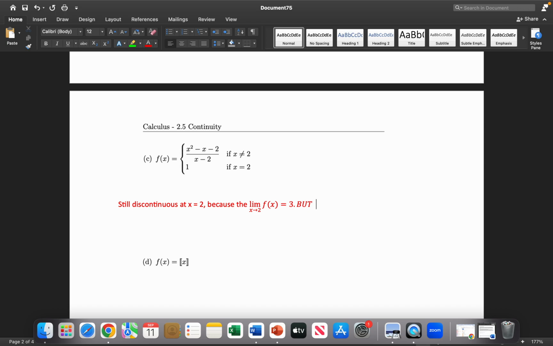But f of 2 is 1. So it's discontinuous still. It still doesn't matter.